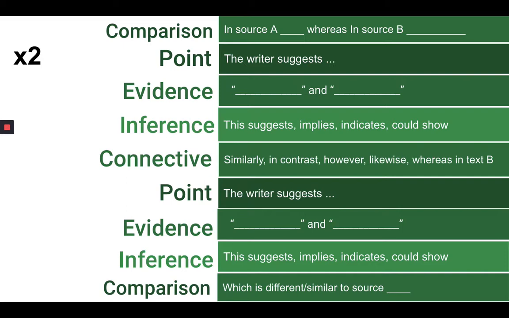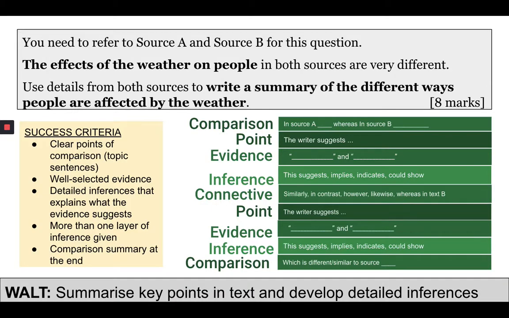There's your evidence, and this could suggest that it was still manageable to get about. Then it's nice to tie things up at the end with a final sentence, which is different to source A. It just shows that you're thinking about those comparisons throughout. It's integrated well between everything.